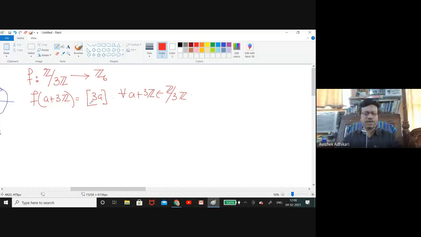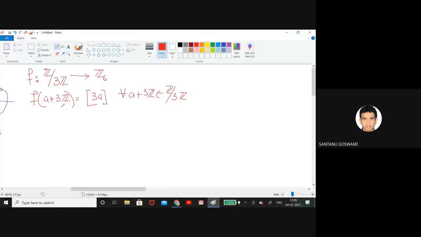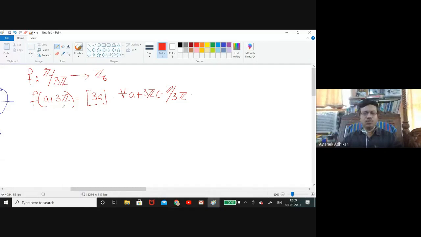Now first have a look at whether this is well defined or not. Somebody may come with the definition of well definedness. What does it mean? Actually, a particular element has a unique image. Okay, but how to show this mathematically?